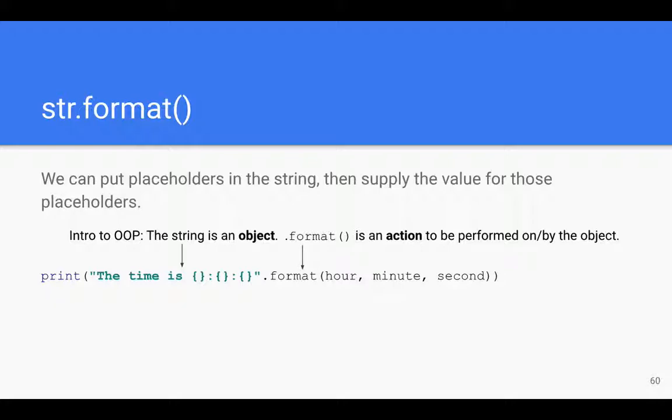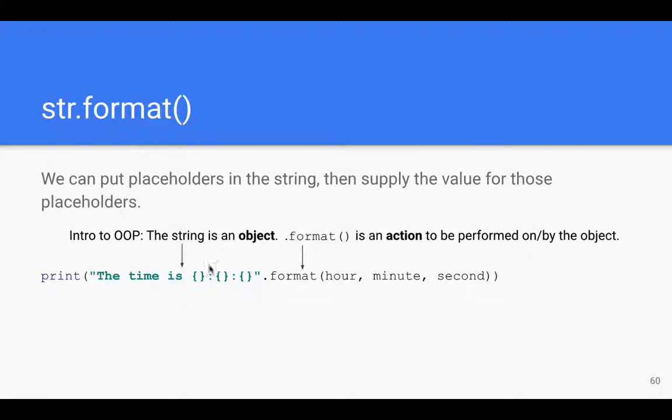That's what an object is. It's pretty generic. Now, the dot format is an action that is performed by or performed on the object. So this means, in this case, we would like to format the string into something slightly different.